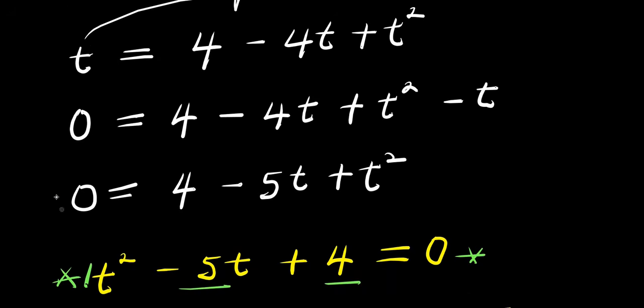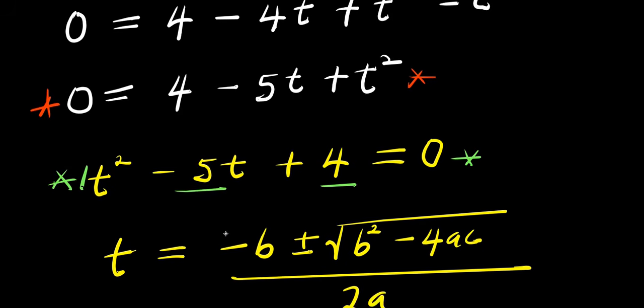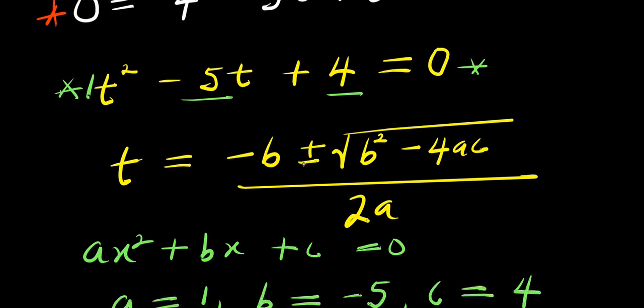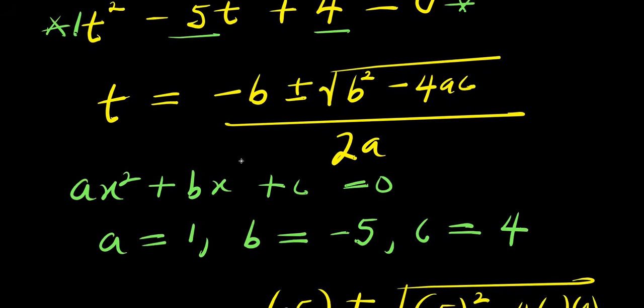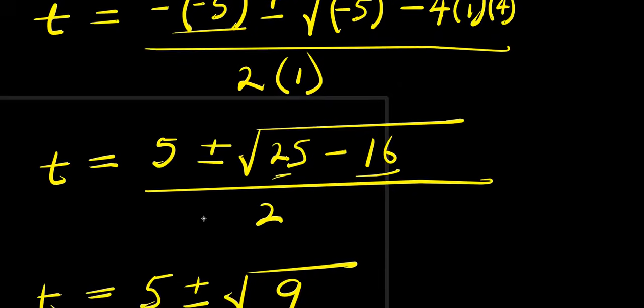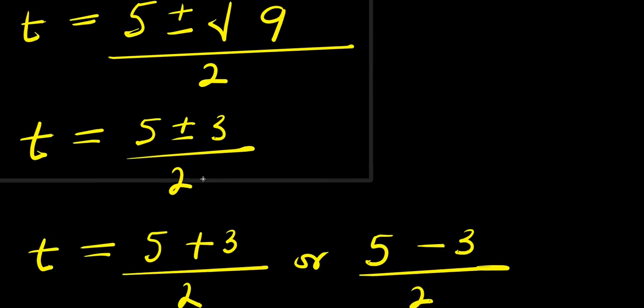This is the quadratic equation that you are going to get. So we solve this using the formula method. 1 here, which is the coefficient of t squared, is our a, -5 is our b, 4 is the constant, which is c. We insert it into this formula. Then we just simplify this formula to get the values of t.